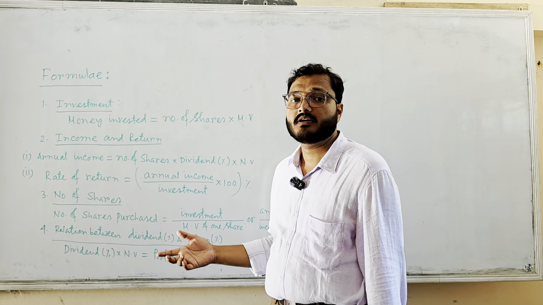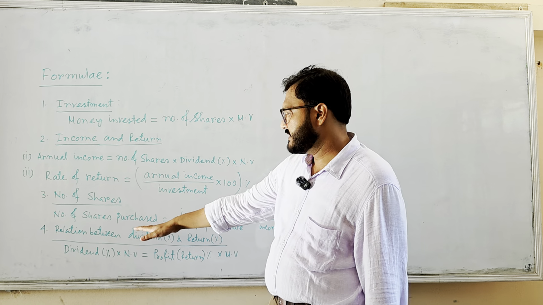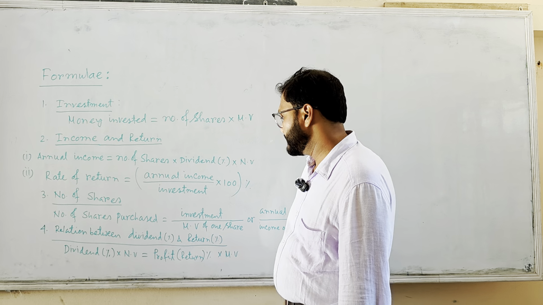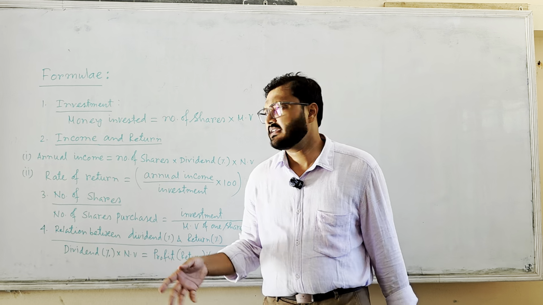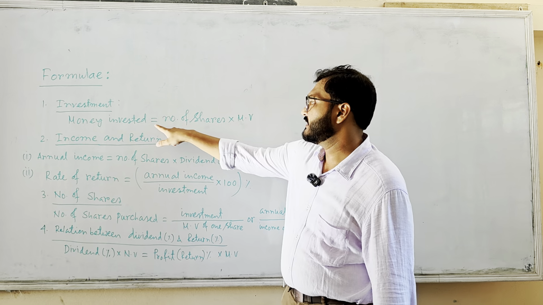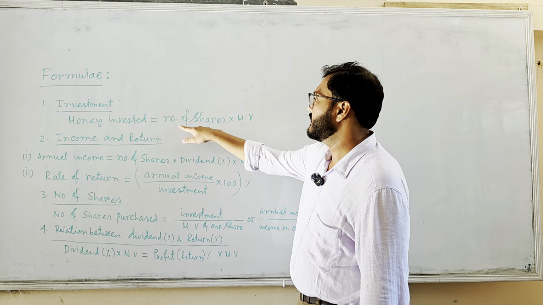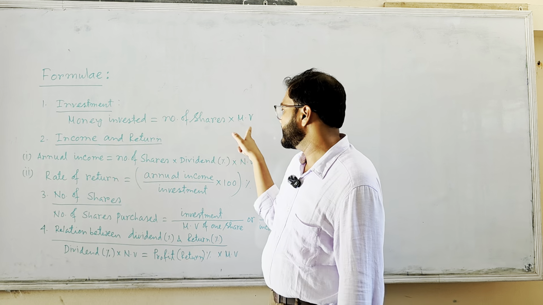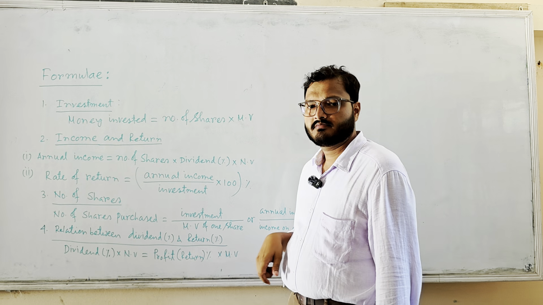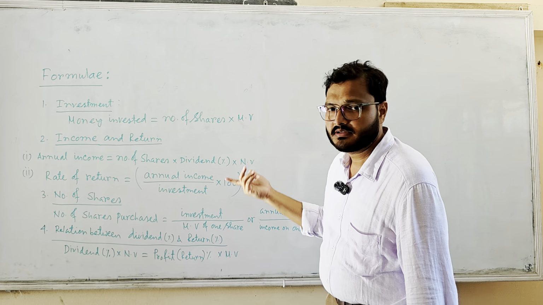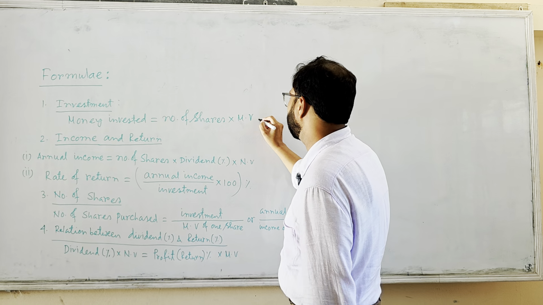Now number of shares. How can we find the number of shares purchased? It's very easy. It will come from here: money invested equals number of shares into market value. So number of shares equals money invested by market value of 1 share.